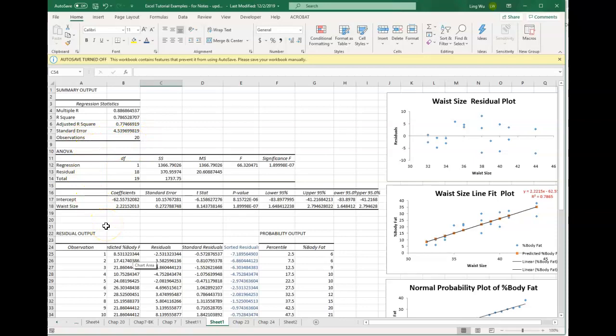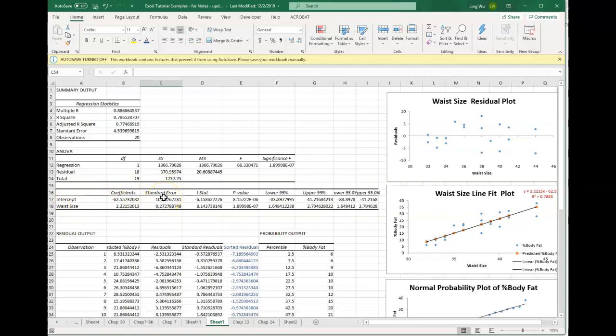And another one is this intercept coefficient. That's B0. The width size is basically the slope, so B1. So this is the B1 coefficient, and B1's standard error is this one. This is the standard error for B0, that's the intercept.